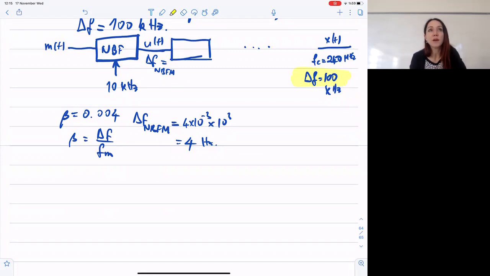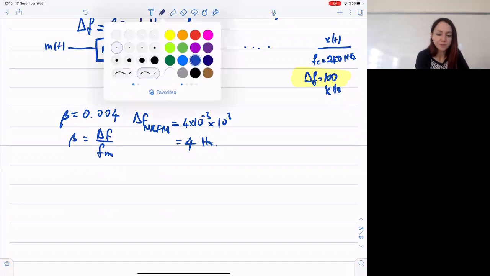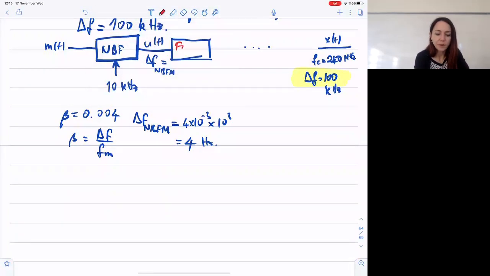As we saw the math during the last lecture, if we use an appropriate frequency multiplier here, we will be able to increase delta F directly by whatever the frequency multiplication value is.